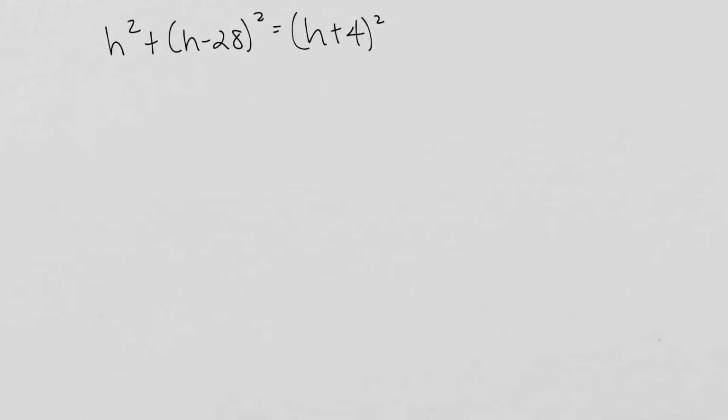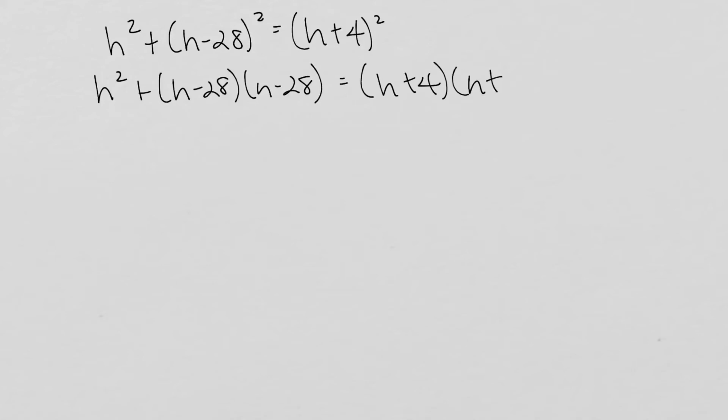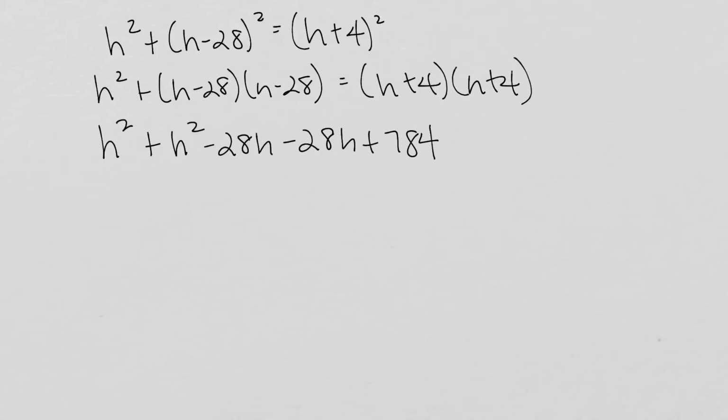I've copied that over here, and we're going to expand these two pieces, the (h minus 28) squared. We're also going to expand the (h plus 4) squared on the other side. So on the left, we're going to have h squared plus h squared minus 28h minus 28h plus 784.